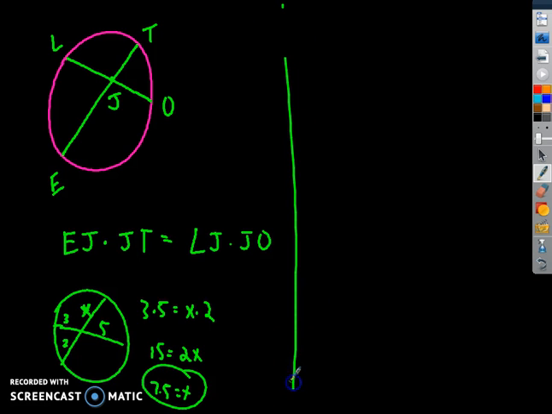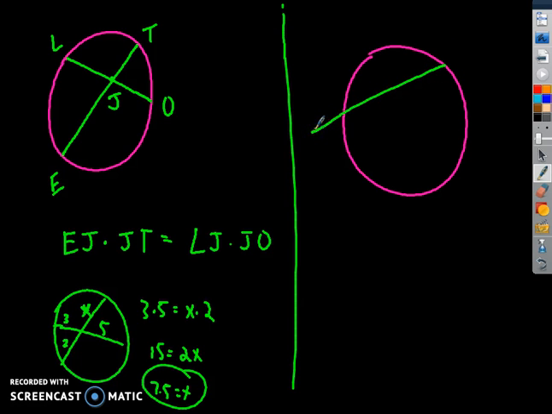Another theorem is this one. Basically, this theorem says that we have 2 secants. This is one secant. This is another secant. Let's call it NKJ. Let's say this is W and B. So those are the letters for it.